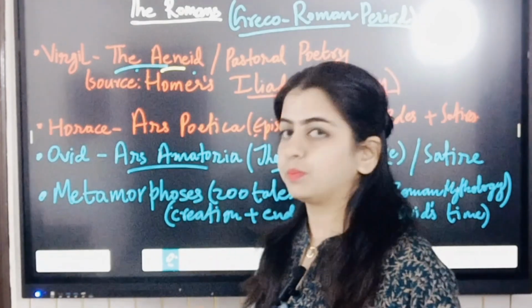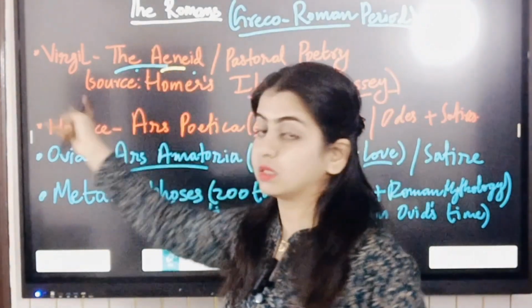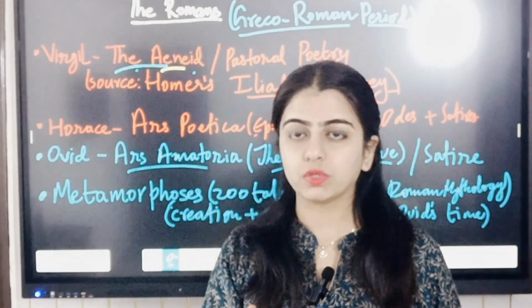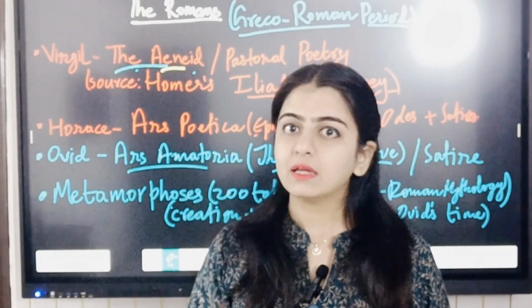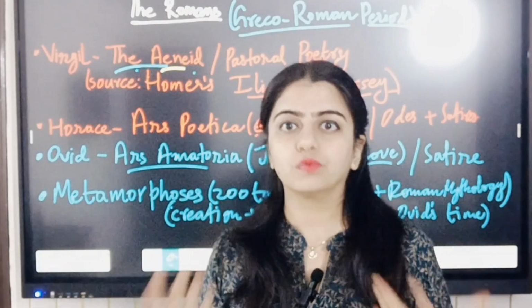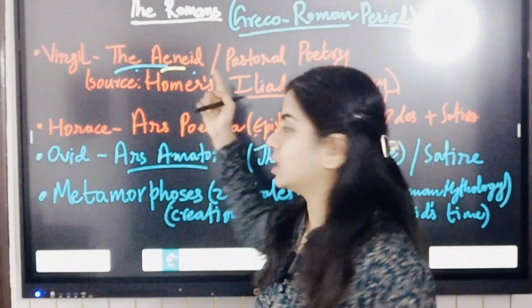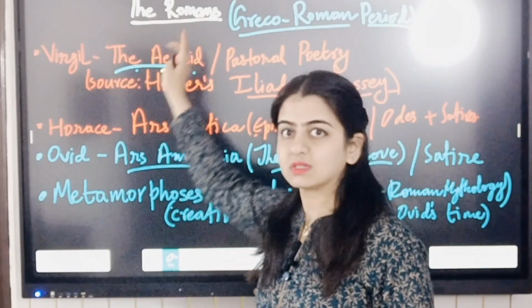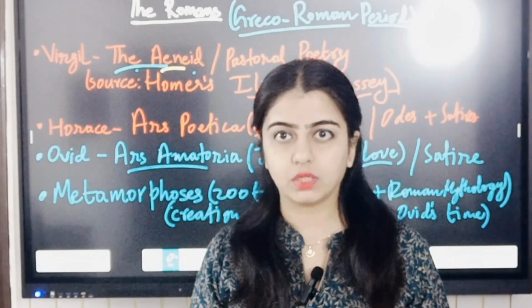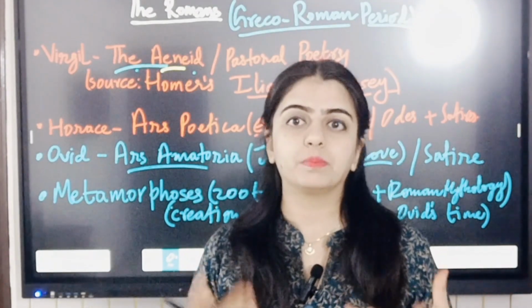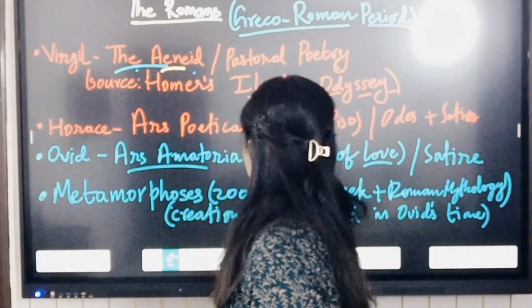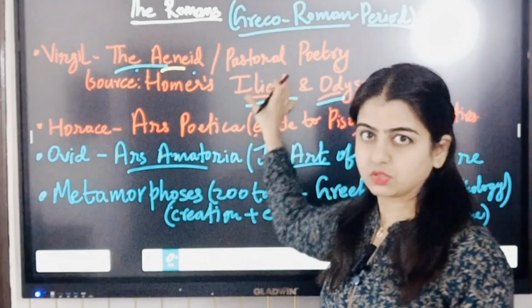So Aeneas is important, and the Aeneid is important, because Aeneas is depicted as an explorer, as a war survivor, and finally the founder of Rome. The Aeneid by Virgil depicts the entire story of how Rome was founded, how present-day Rome came into being. So obviously it was inspired by Homer's Iliad and Odyssey. This fact we must remember.